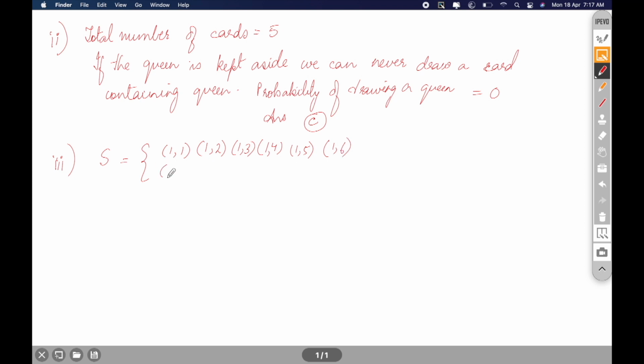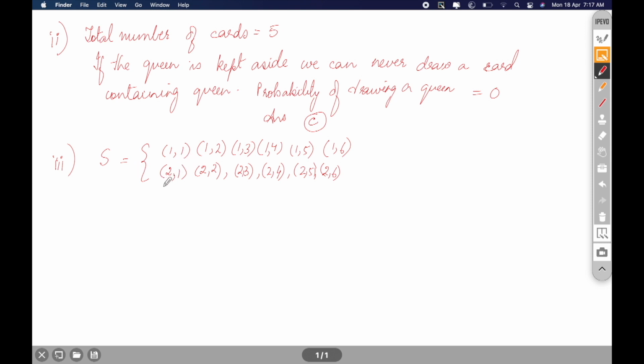Let us begin with 2 for the first die. So 2,1; 2,2; 2,3; 2,4; 2,5; and 2,6.